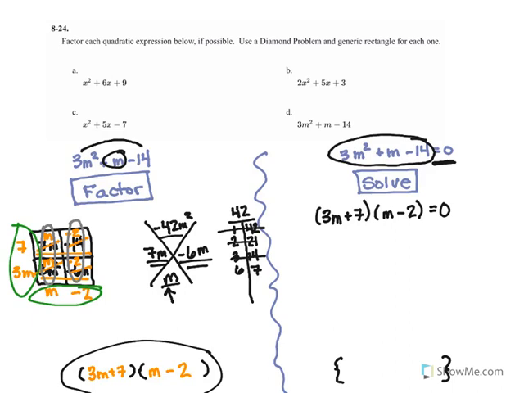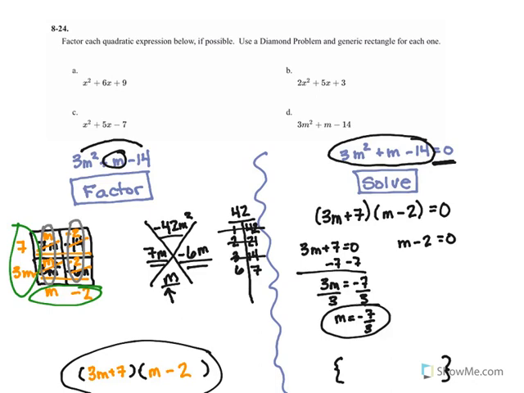Now I need to set each of them equal to 0, so 3m plus 7 equals 0, and m minus 2 equals 0. I'm going to subtract 7 and divide by 3. That's one of my solutions.